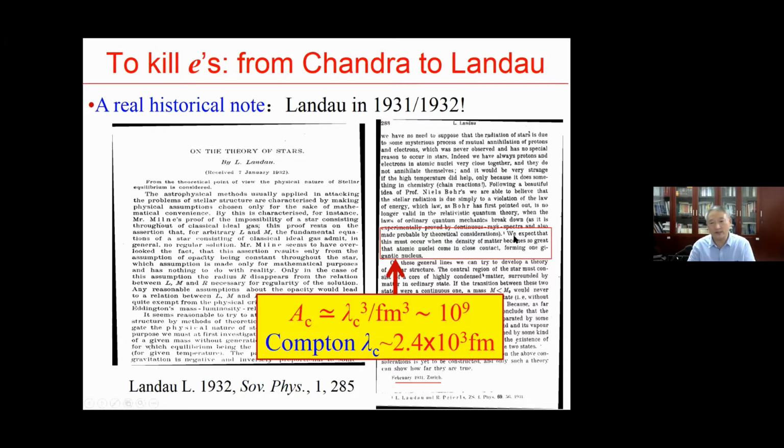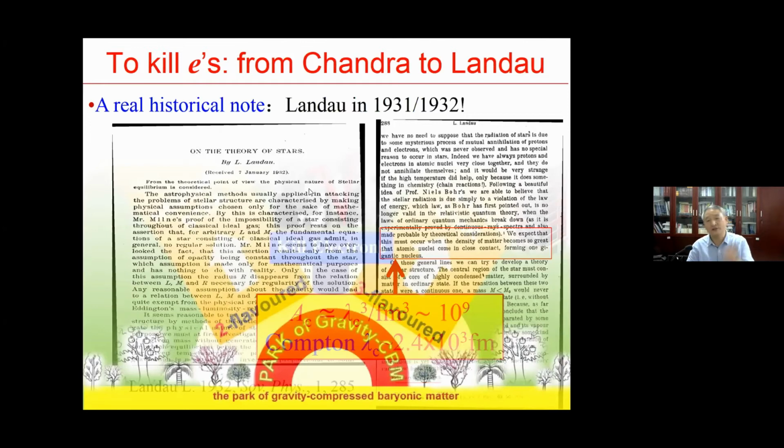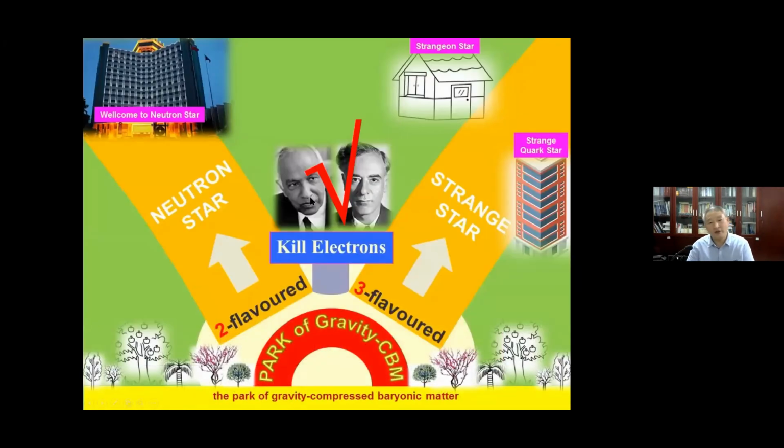Landau addressed in his paper, we expect, that means after core collapse, if the core mass is higher than the Chandrasekhar limit. You know, this is the very famous Indian Chandrasekhar limit.